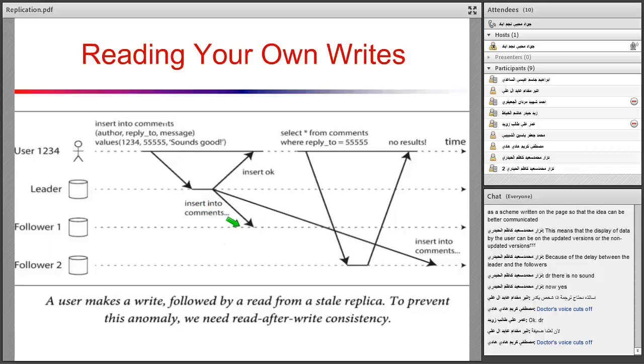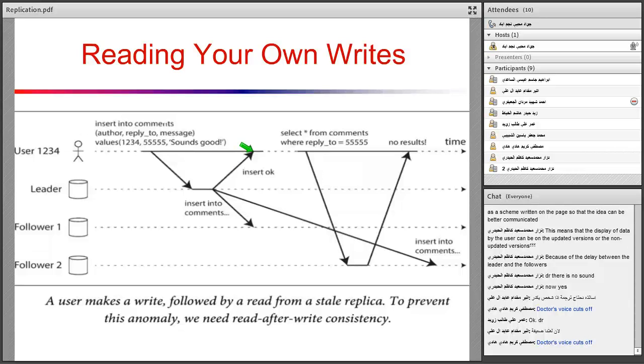So the user gets its own acknowledgement. After some time, the user wants to see the latest row, the latest record, the latest information which is inserted by himself.